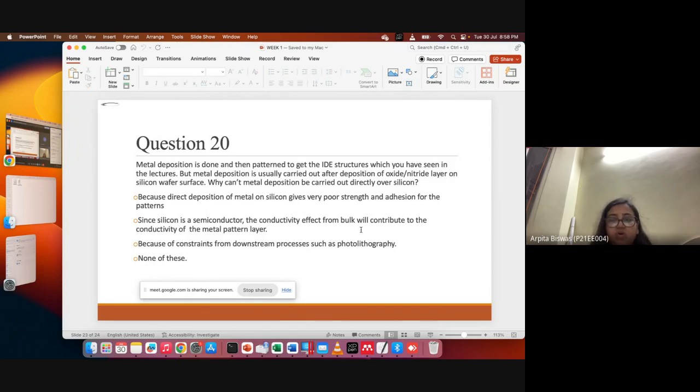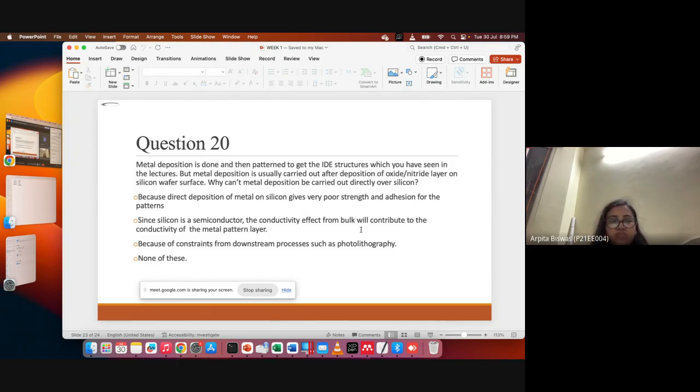After deposition of oxide or nitride. So at first, on the silicon wafer, you have to deposit the oxide layer, and then you have to go for the pattern, the contact pad, where depositing the chrome gold or something. Okay, so why is the oxide layer required? Why can't we deposit the gold layer directly on the silicon wafer?